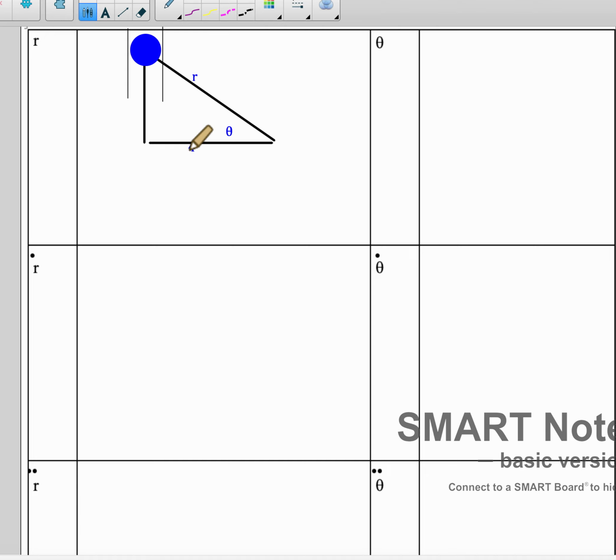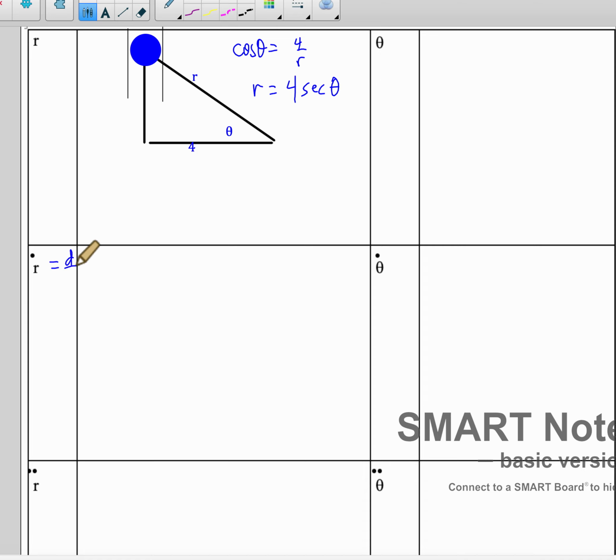Also on the diagram was the fact that this distance was 4 feet. So we can see right away that cos theta is 4 over r. If we solve that for r, it's 4 over cos theta, or 4 secant theta. And a little later, we'll put in 30 degrees to see what the instantaneous value of r is.